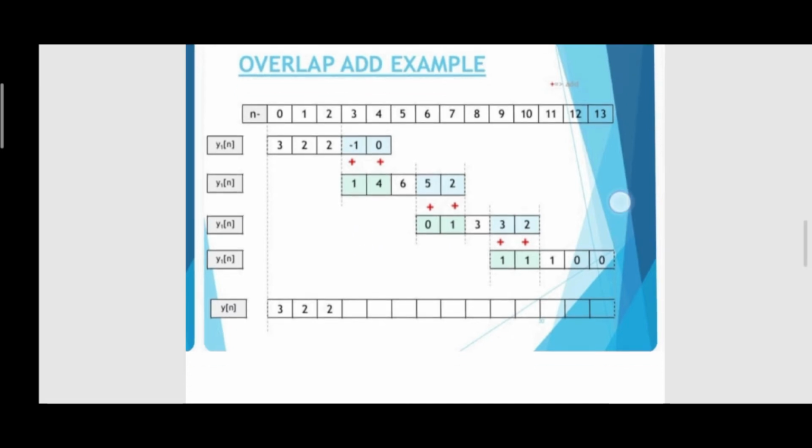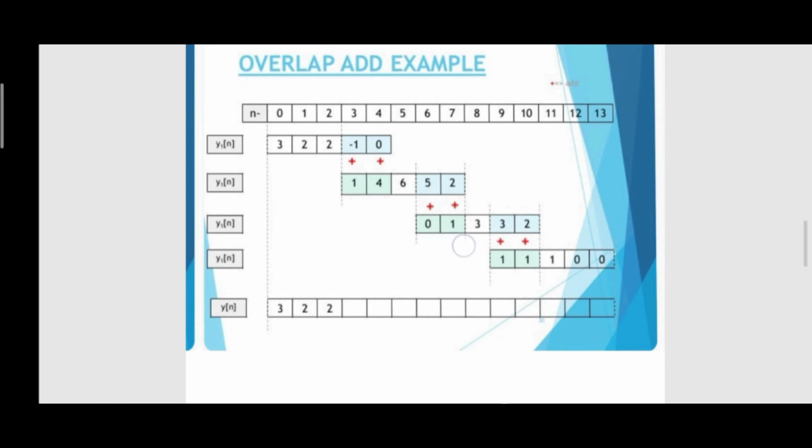The formula to calculate the overlapping sequence is m minus 1. In this example, m is equal to 3, so m minus 1 is equal to 2. So we have to overlap two samples.